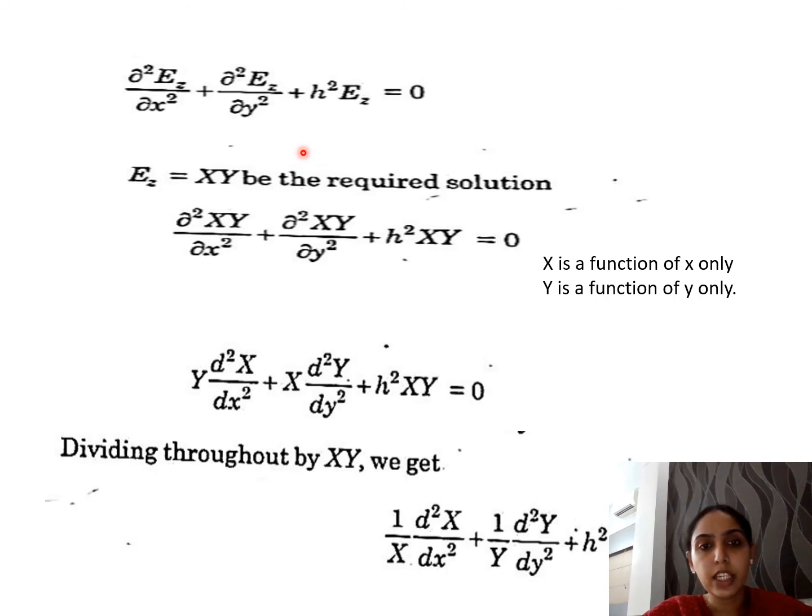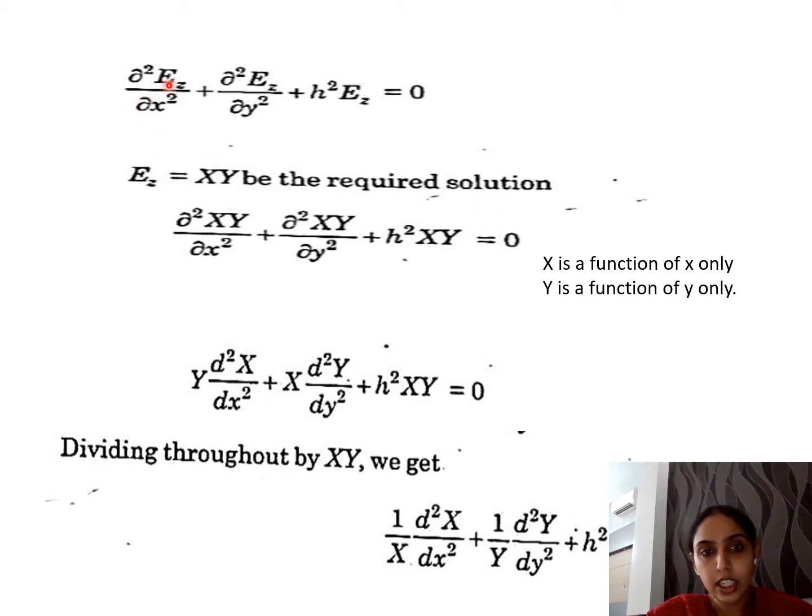So I have rewritten the wave equation, replacing gamma square plus omega square mu epsilon with the constant h square. Now let Ez is equal to X Y be the required solution.